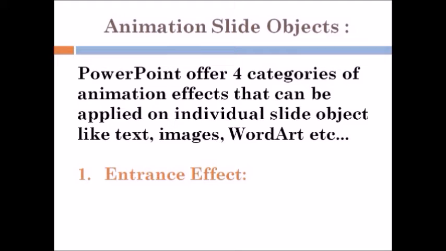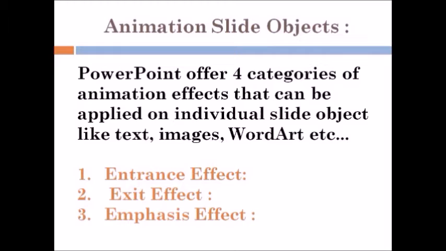First is entrance effects, exit effects, emphasis effects and the motion path. These are the four animation effects that are used for adding animation to any object like text, image, word art, etc.